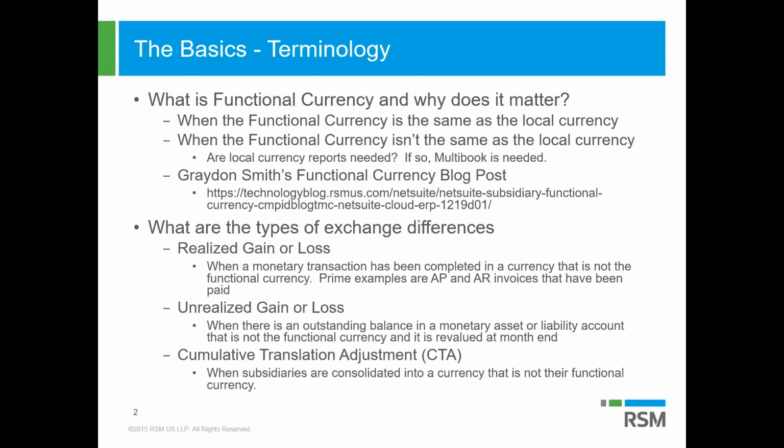CTA fundamentally, and people hate it when I say this, but it's true, it's a plug. Because I'm taking a trial balance that in the functional currency balances, I'm translating elements at 3 different rates, which means that in the reporting currency, it's not going to balance anymore. So whatever that out of balance is gets shoved into CTA.